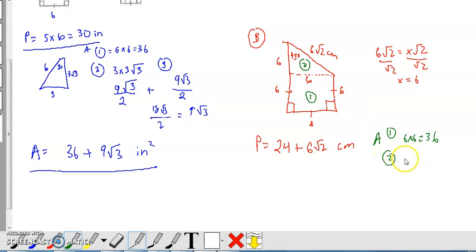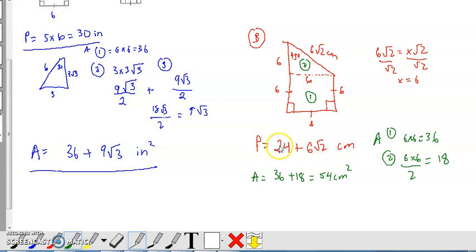Area for 2 will be 6 times 6, but then divided by 2, which should be 18. Okay, and so my area will be 36 plus 18, which should give you 54 centimeters squared.